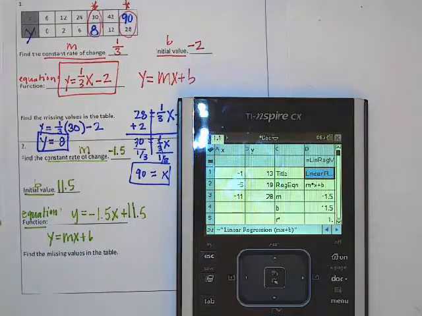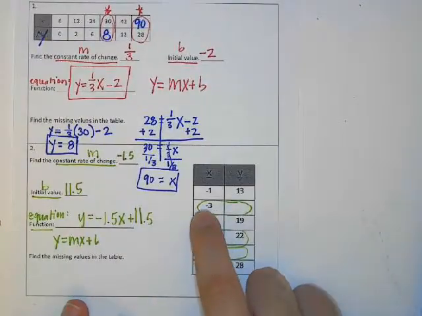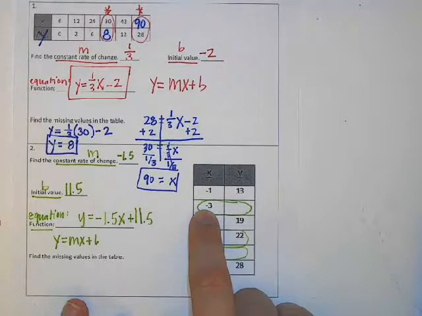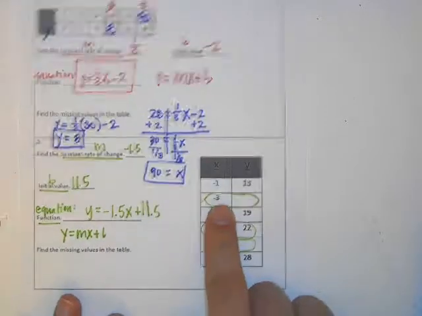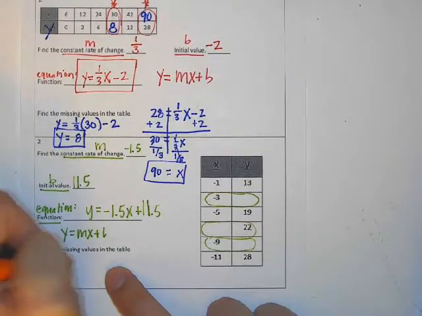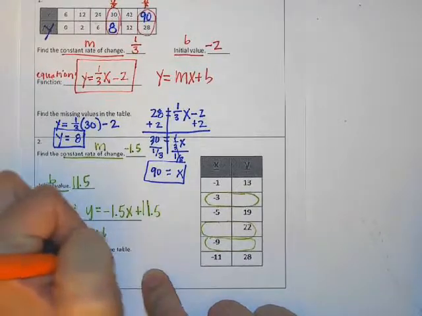Okay, now I want to know the missing values in the table. The first one that I know is negative 3, and it represents what? Negative 3 is the x. So where am I going to put negative 3? Where the x is. So y equals negative 1.5, instead of writing x, I'm going to put negative 3, plus 11.5.